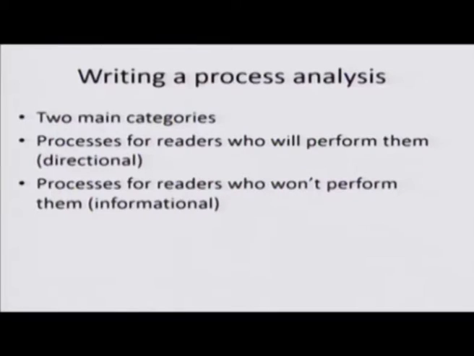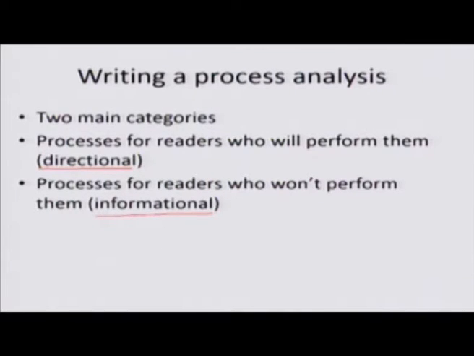Now, moving on to the next aspect. When you are writing a process analysis, we have mainly two categories. They are called directional and informational. Directional means you are writing a process analysis for those who are going to perform that process.